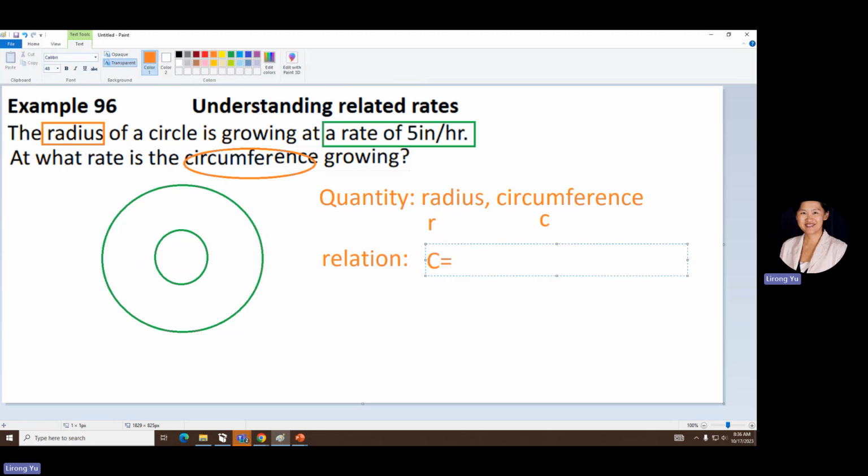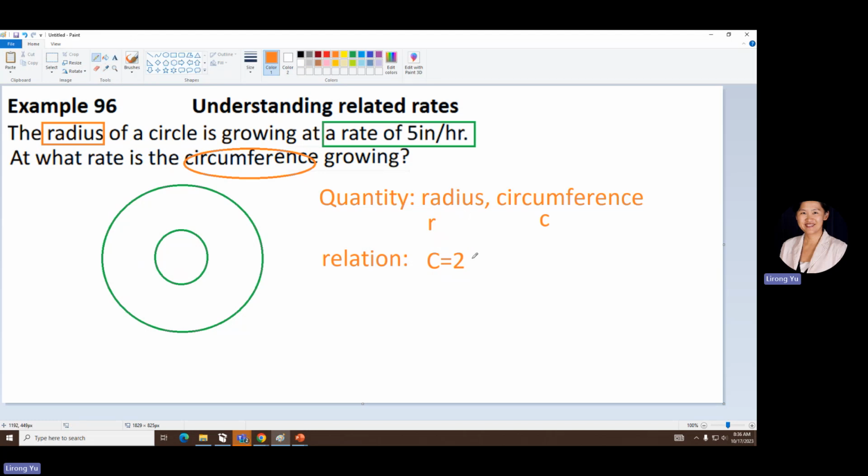So C equal to 2 pi times R. One of the ways we can figure it out is like this is the radius. So how many radius in the entire circumference? 1, 2, 3, 4, 5, roughly 6. A little bit bigger than 6.